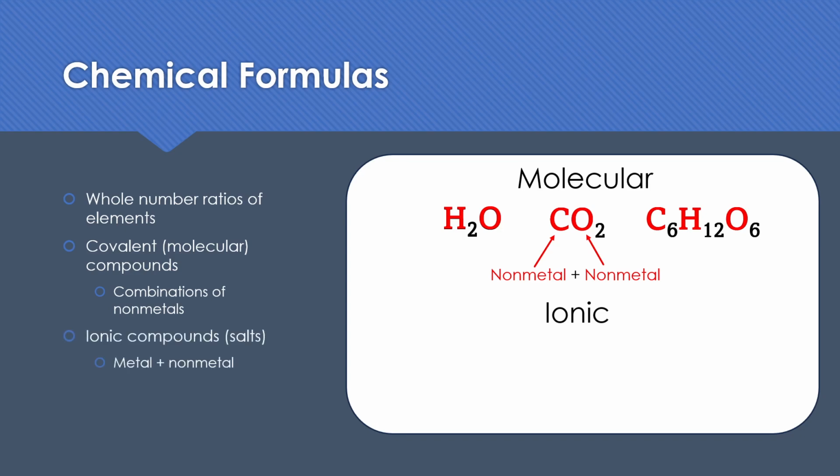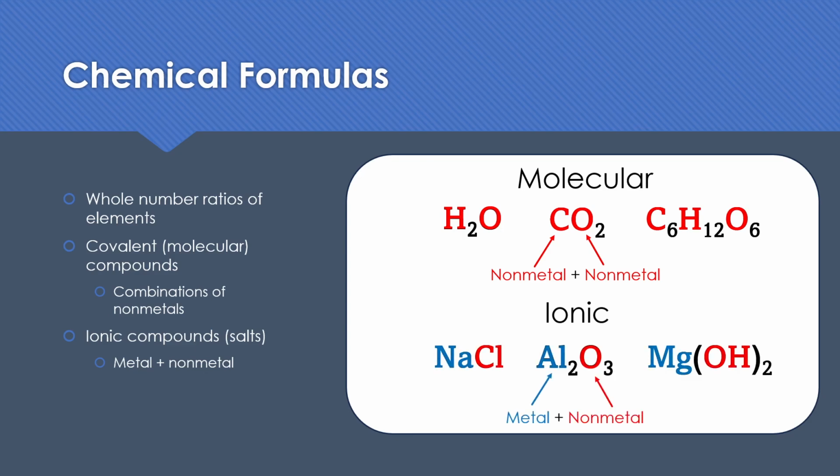Now, when we use the term salt, we're not necessarily talking about table salt, although we could be talking about that. A salt just means a metal plus a nonmetal. An ionic compound is considered a salt in chemistry. Aluminum oxide, magnesium hydroxide, these are all ionic compounds. You have metals plus nonmetals.